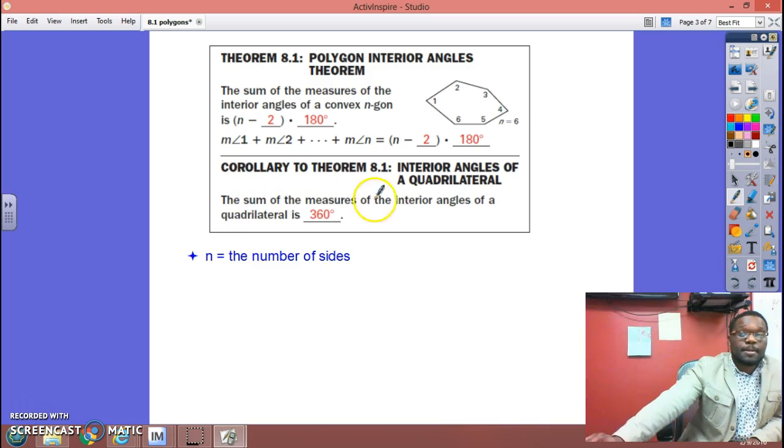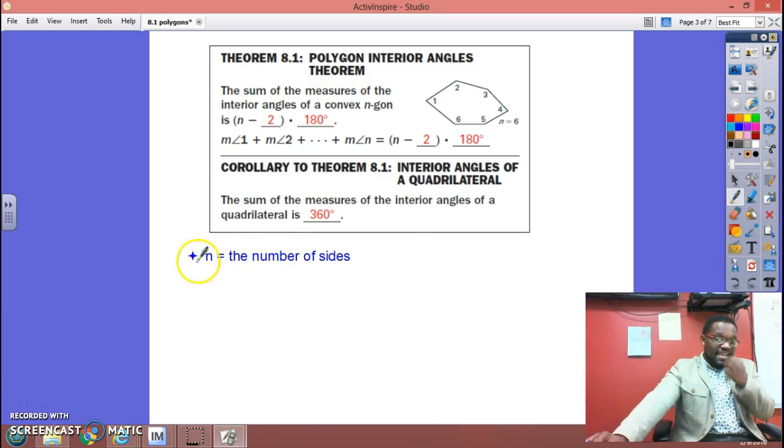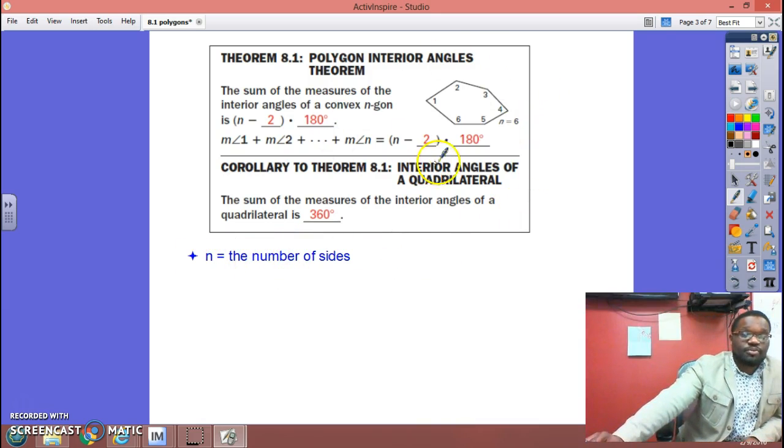Also, the sum of the measures of the interior angles of a quadrilateral is 360. So quadrilateral is 4 sides, quad and lateral per side. And again, N is the number of sides. This is very important. So how you find the degree measure of a polygon on the interior angle is by adding all your sides minus 2 times 180.